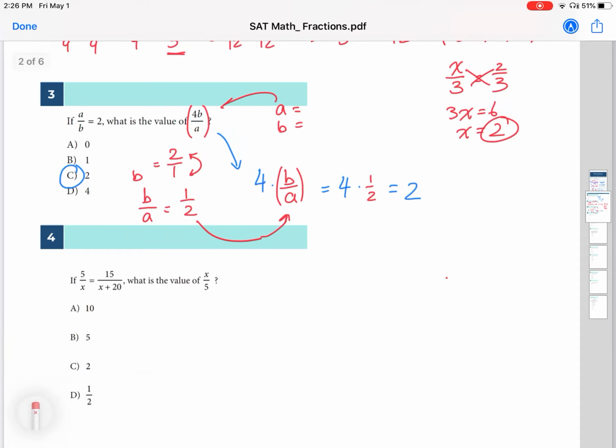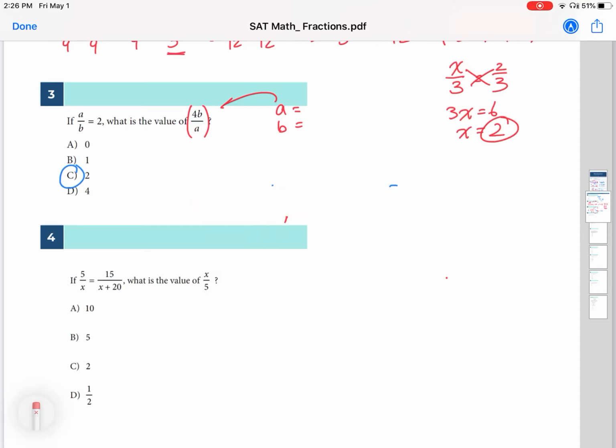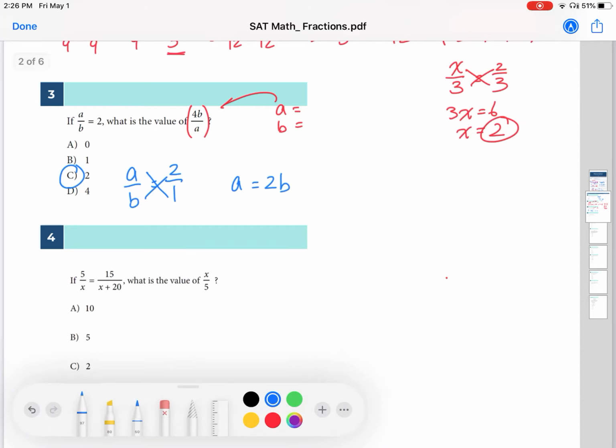The other option here is to cross multiply again. So I'm going to erase this, give us a little bit more space. And I'm going to start by rewriting this as a over b equals 2 over 1. And I'll cross multiply so that I'll get a, or 1a, equals 2b. And that 1 doesn't really matter, so I can just simply say a equals 2b.